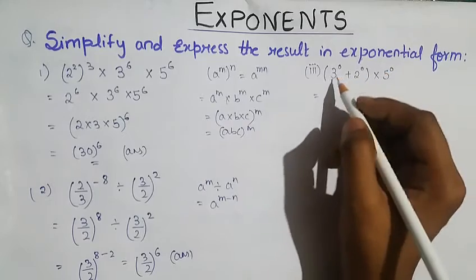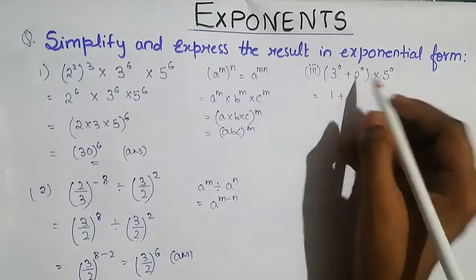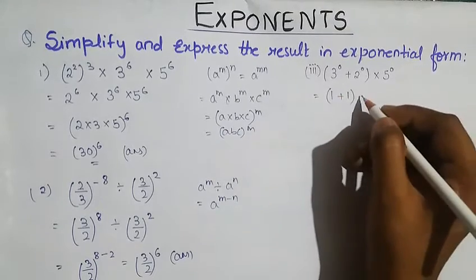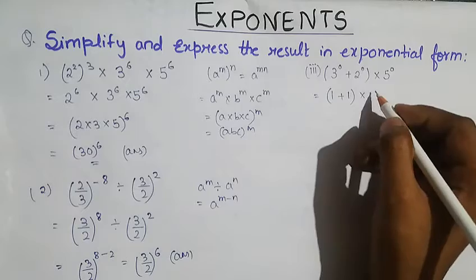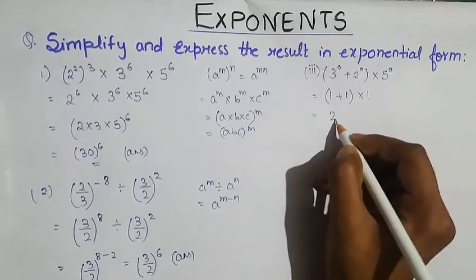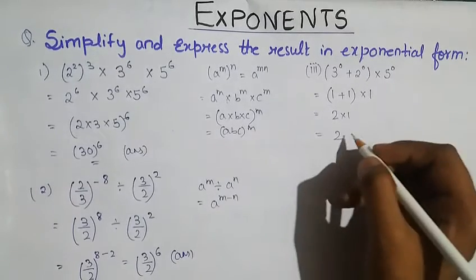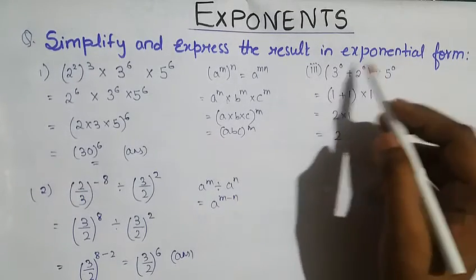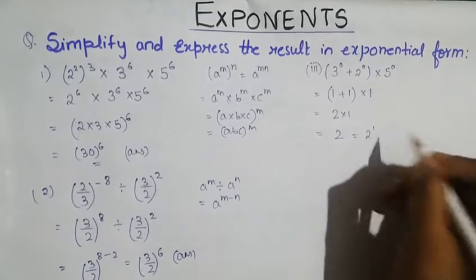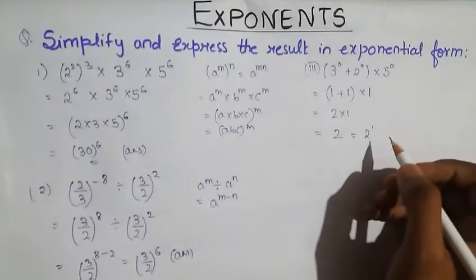This is equals to 3 raised to the power 0 is 1, plus 2 raised to the power 0 is 1, in brackets, multiplied by 5 raised to the power 0 is also 1. Now this is equals to 1 plus 1 is 2 into 1, which is equals to 2. So the answer is 2, and since we have to write it in the exponential form, we can write it as 2 raised to the power 1. So 2 raised to the power 1 is nothing but 2.